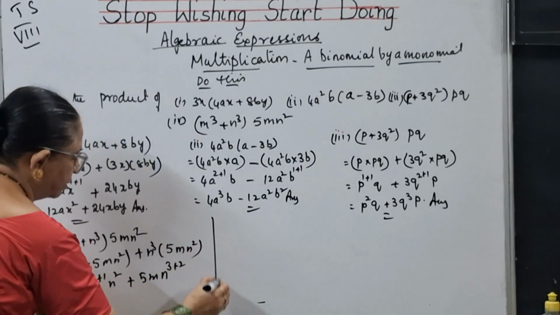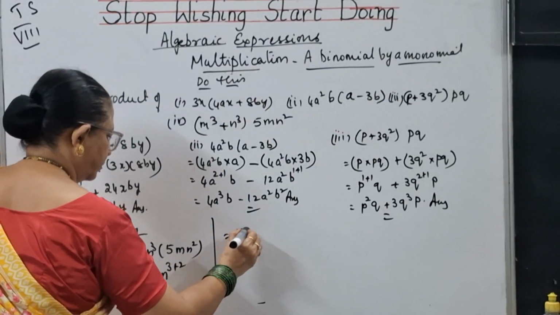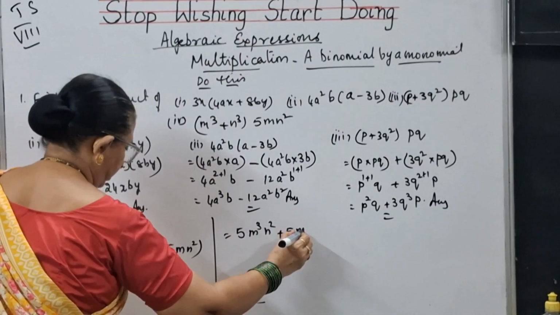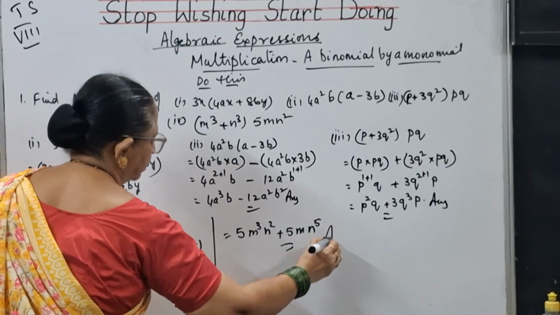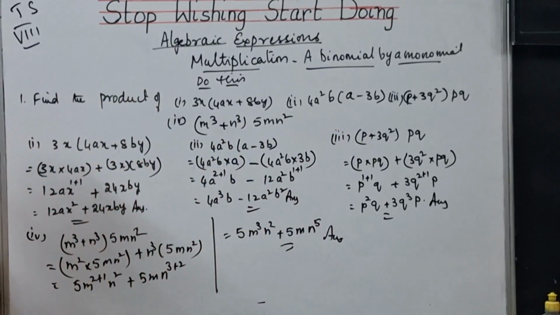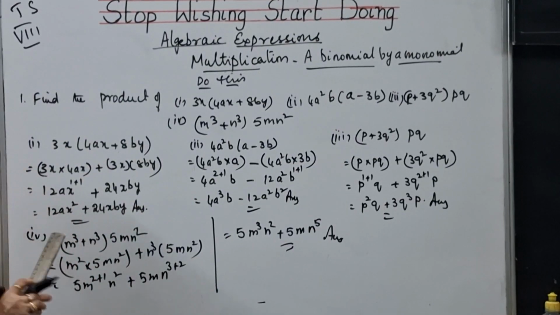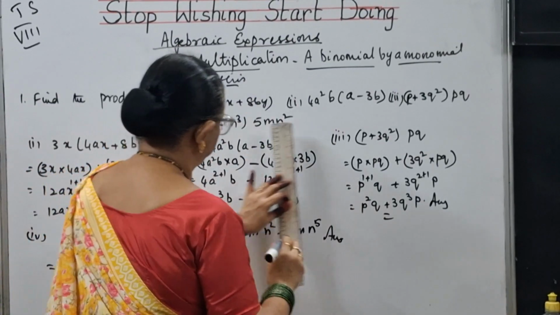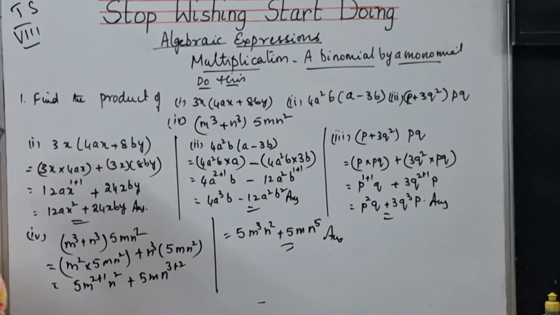So what is the answer that we are getting for this? 5 m cube n square plus 5 m n to the power of 5. This is the answer, children. So I hope I am clear. I'll just separate them, you may get confused. First sum, second sum, third sum, and fourth one is here.